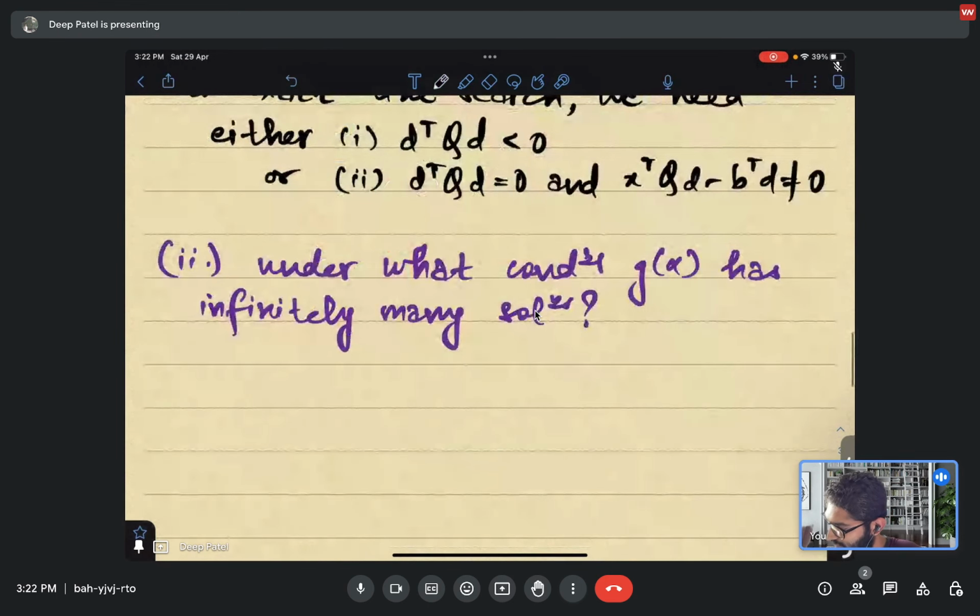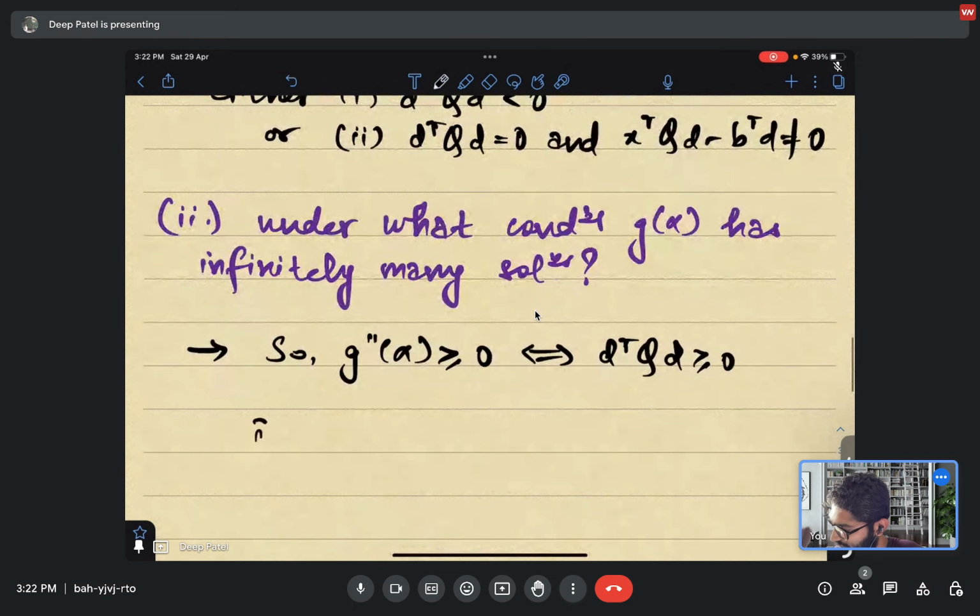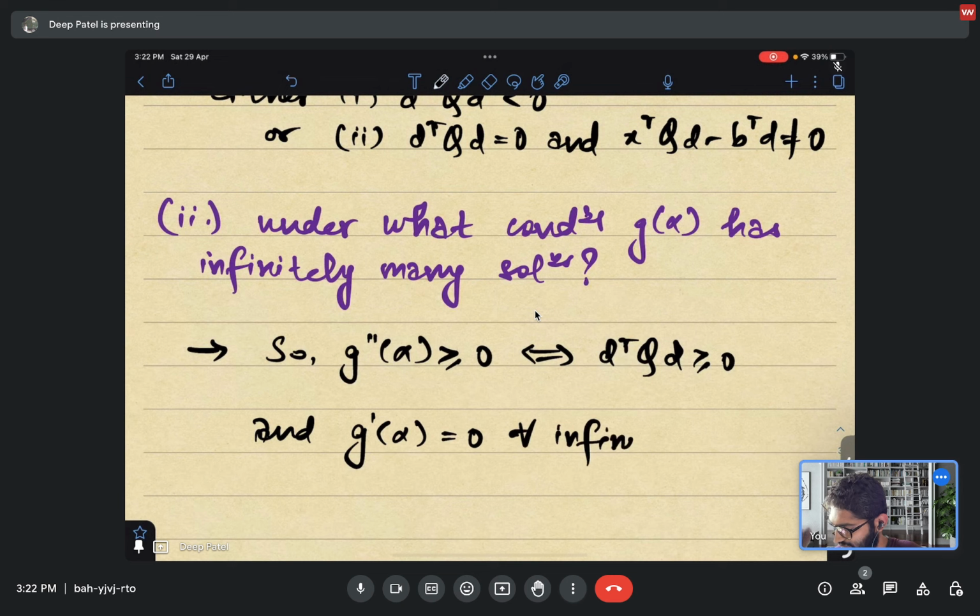So first observation is clearly g double dash alpha is greater than or equal to 0, which is saying d transpose Qd greater than 0, and of course g dash alpha is 0 for infinitely many alpha.